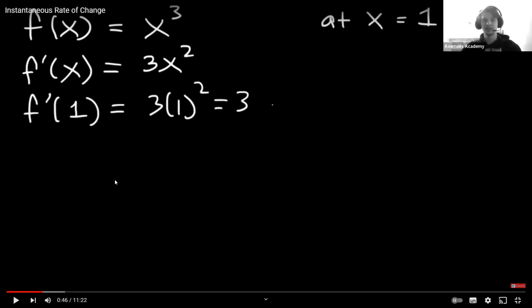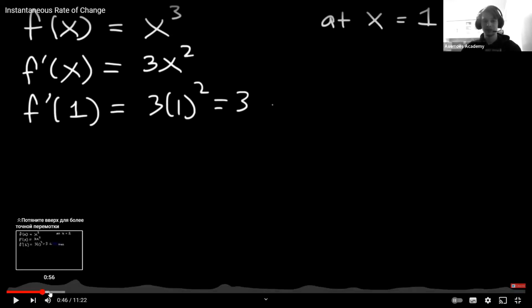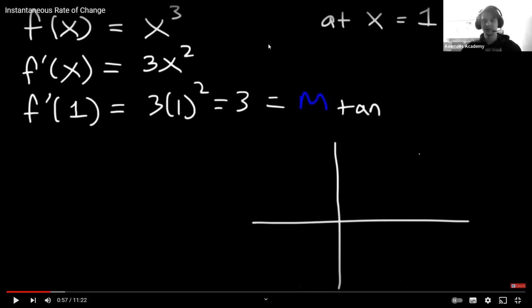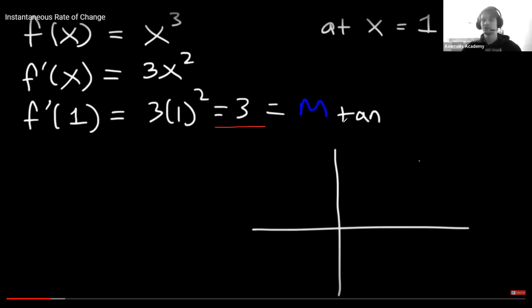Here you can see that he's using the derivatives formula. We're going to take a look into it a bit later. But in fact, this is the value that he gets for the instantaneous rate of change. Let's use a formula that we know to evaluate the instantaneous rate of change.